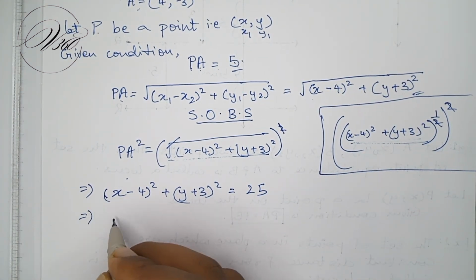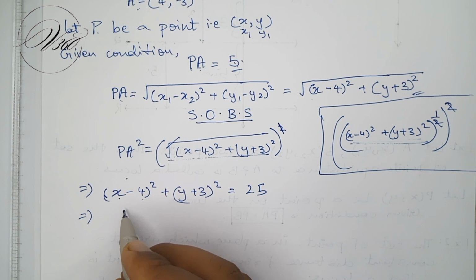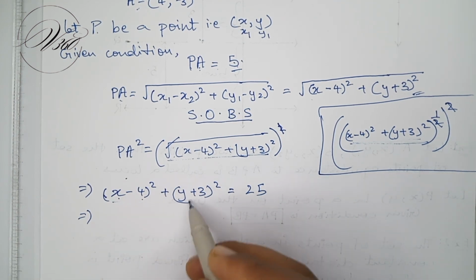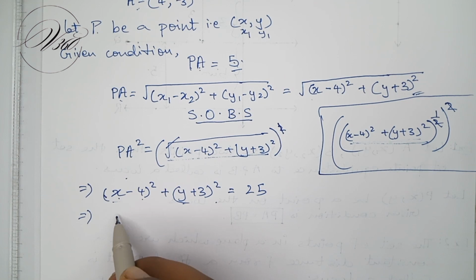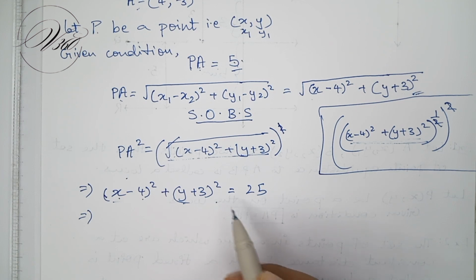Now we will expand this. To expand this, we have a formula: a minus b whole square for this, and here a plus b whole square. What is a minus b whole square? a square plus b square minus 2ab. What is the formula for a plus b whole square? a square plus b square plus 2ab, right?